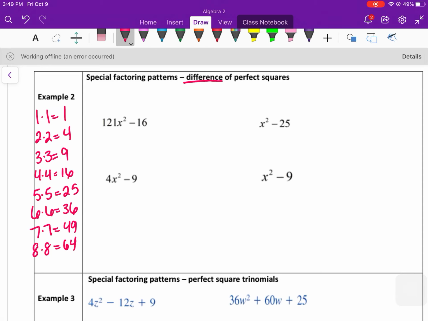Okay, you get the point. Those are all perfect squares: 1, 4, 9, 16, 36, 49, 64.